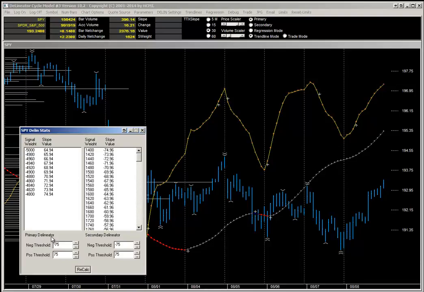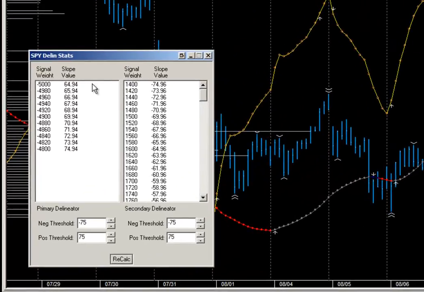And if we come over to the primary delineator, which is this time frame, and look to see what level of signal weight is needed to turn the primary down during the current bar, we can see that there is no X slope there, and that even at minus 5,000, the primary value is still a positive number.